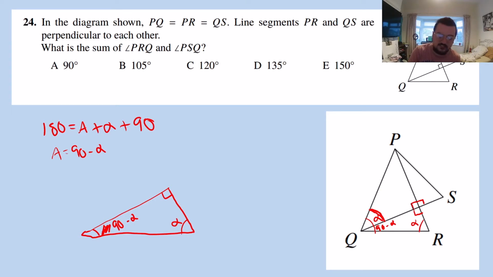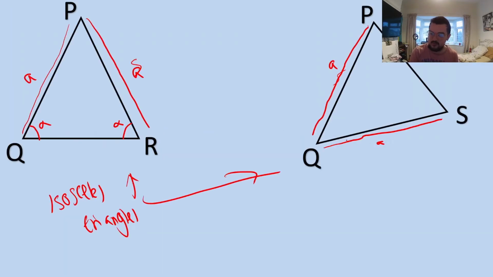We found alpha, we found PQR, which is alpha, we found SQR, which is 90 minus alpha, then we're going to find PQS. PQS is this angle here. We don't know what that is yet.